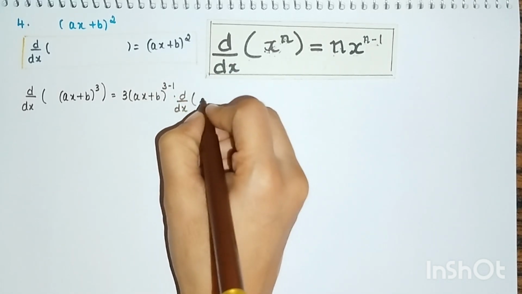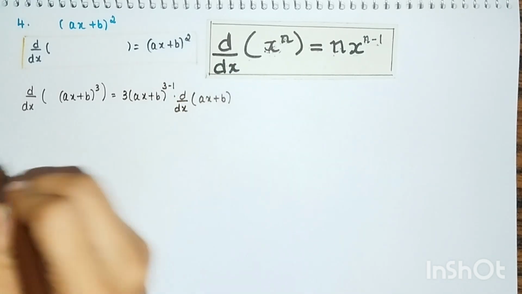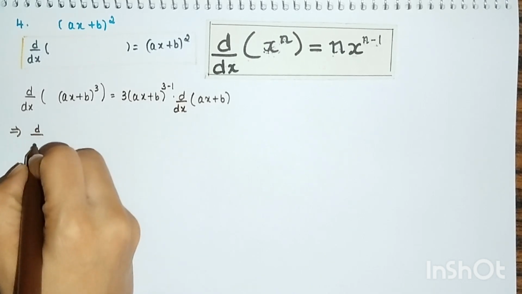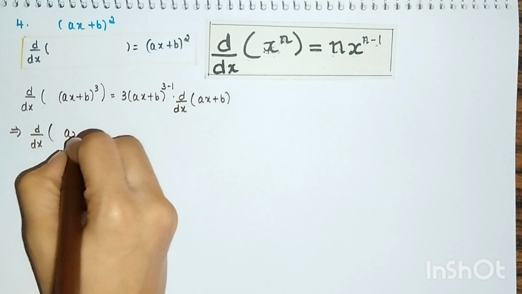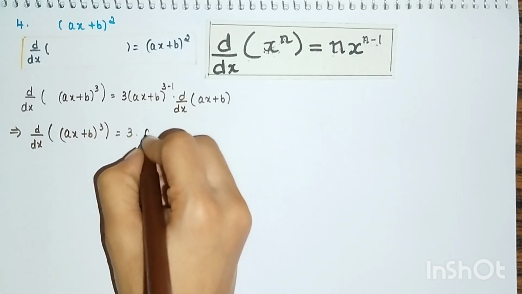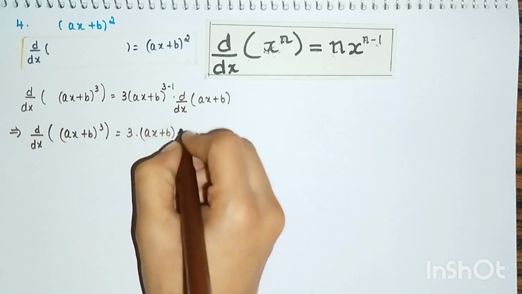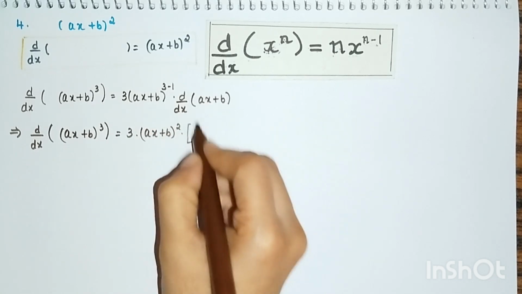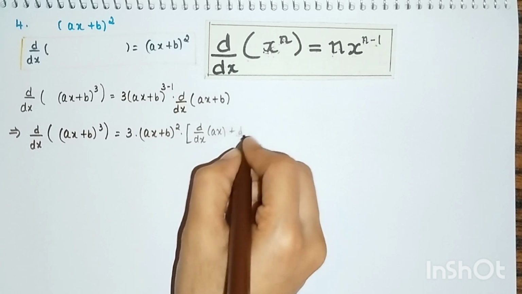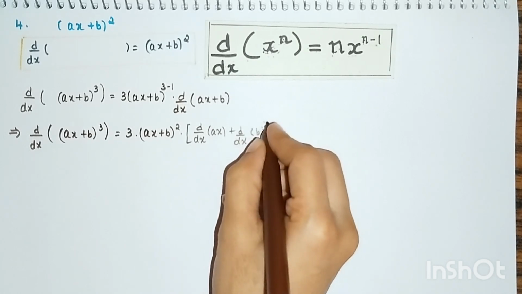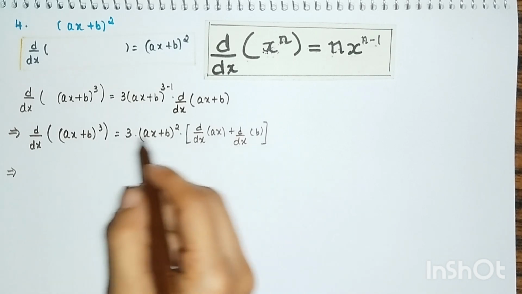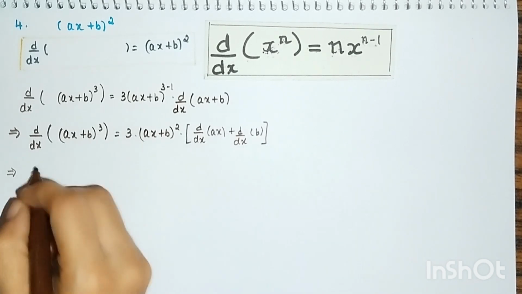So d by dx of ax plus b. Now this implies d by dx of ax plus b the whole cube is equal to 3 into ax plus b the whole square, and how do we differentiate this? d by dx of ax plus d by dx of b. Now, what are the things we are supposed to cancel? We'll do it after this step.